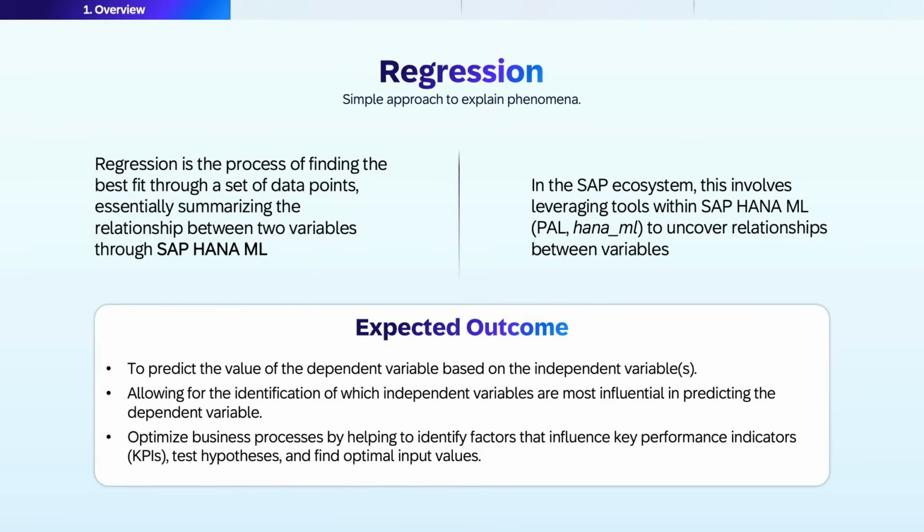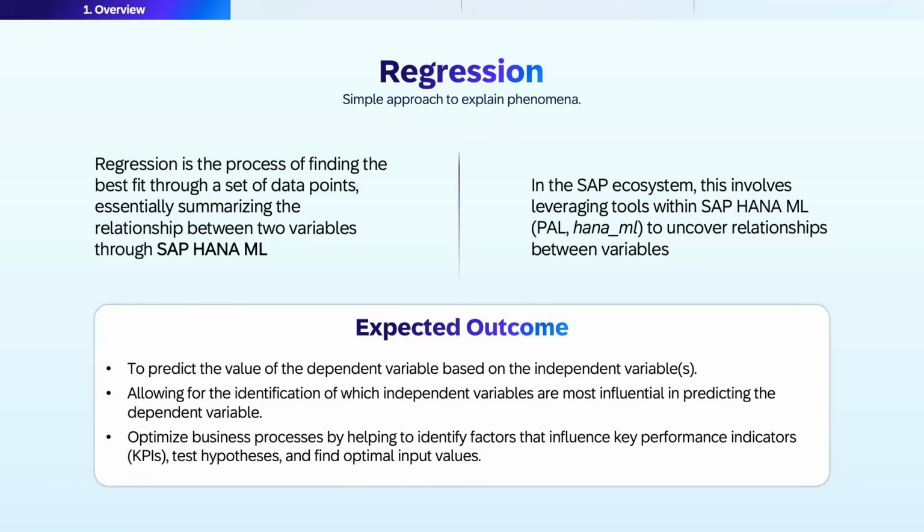Regression is the process of finding the best fit for a set of data points, essentially summarizing the relationship between 2 variables. In the SAP ecosystem, this involves leveraging SAP HANA ML, or machine learning tools, specifically Predictive Analysis Library and HANA ML.